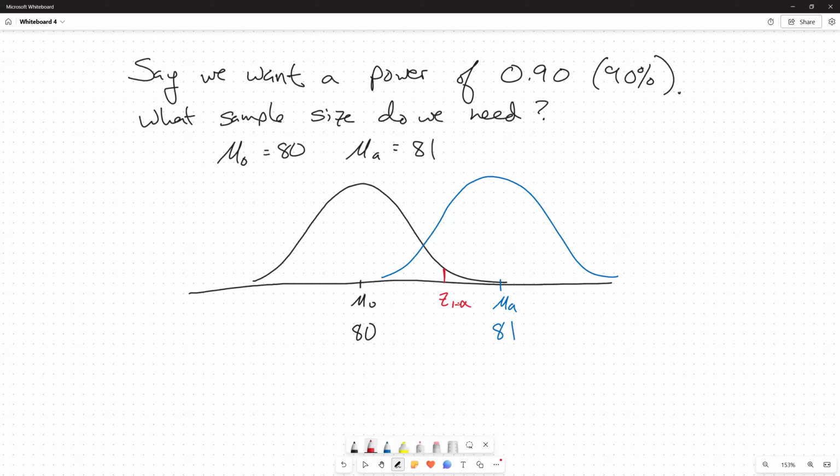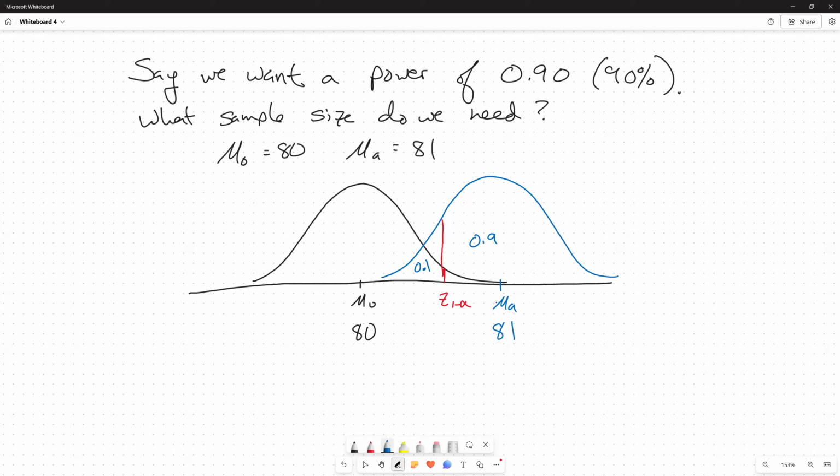And in order to achieve that power, if this power over here is going to be 0.9, we need that type 2 error beta to be 0.1. All right. And so what we can do then is make sure that the z-scores associated with this distribution and this distribution line up in such a way that that's in fact the case.